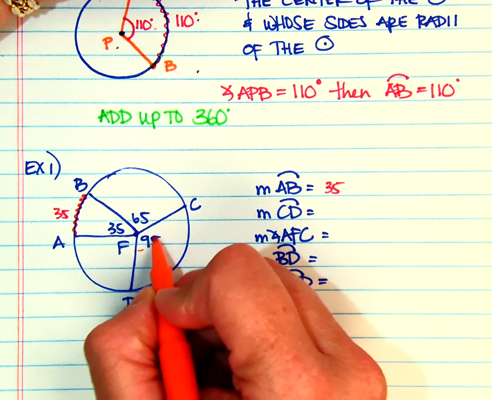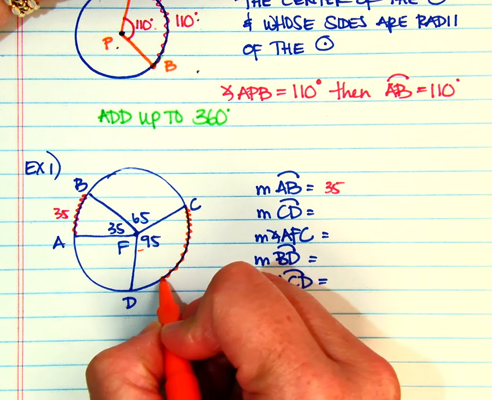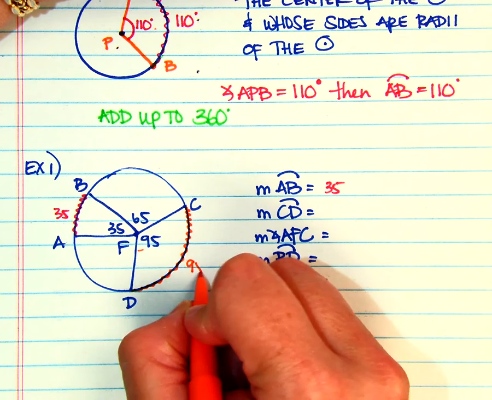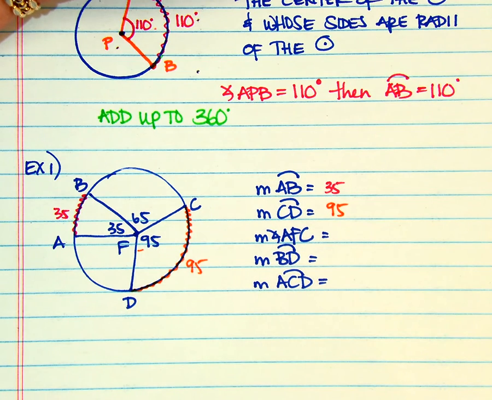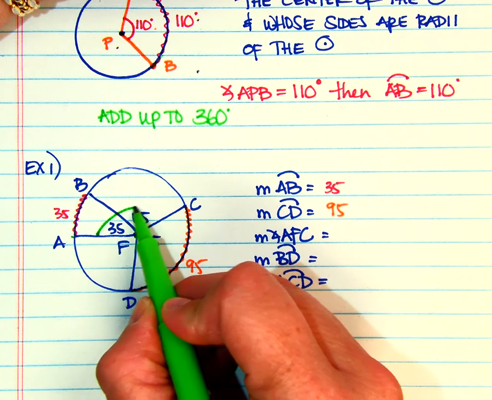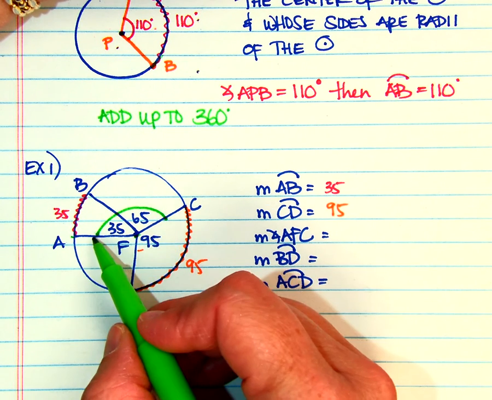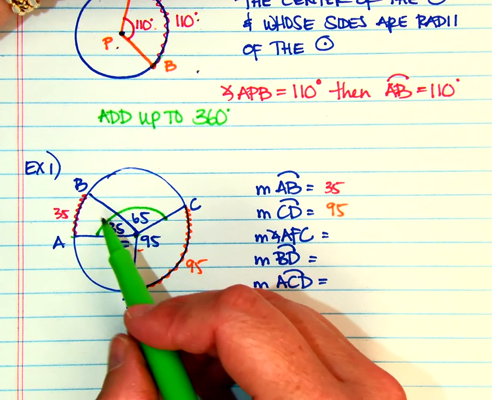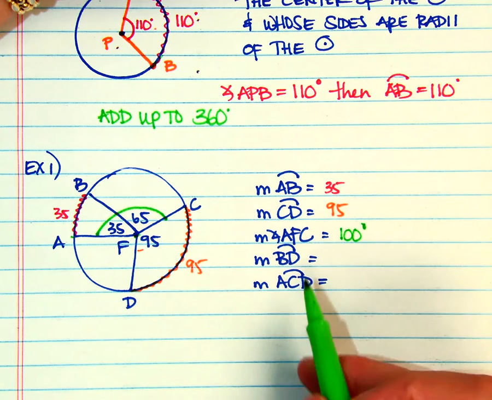This angle is 95, so this arc is also 95. AFC, so angle AFC, A to F to C, I would be adding all of those up. So going back to that angle addition postulate that we learned, I believe, first chapter. So that's going to give you an angle of 100 degrees.